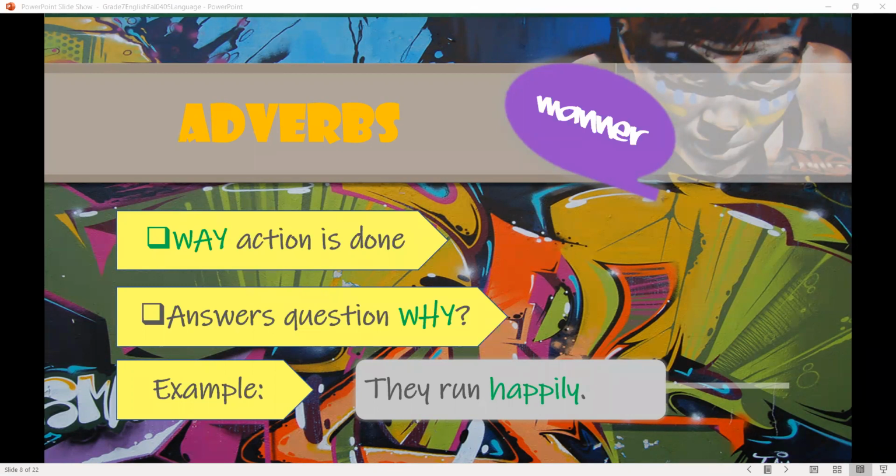Now if I said they run, that doesn't tell me very much and it's very boring. In this case, we add happily, and happy we know is an adjective, right? So now we have used an adjective, we've added ly, and we've made it into an adverb, and we've put it next to our verb to make it sound much more interesting.